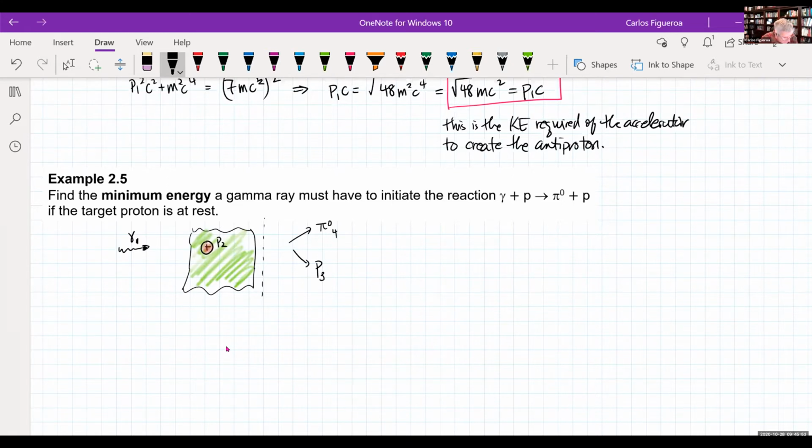but we do know that when I look at the 4-energy of these guys, I have to use the center of mass.